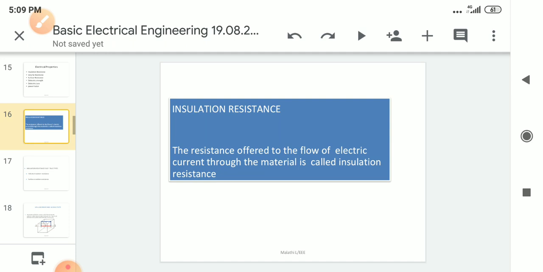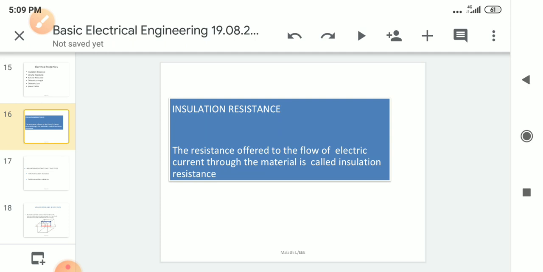So this is the insulation resistance. First of all, what is this insulation resistance? It is a property of insulating material by which a material opposes the flow of electric current. An insulating material should have high insulation resistance.